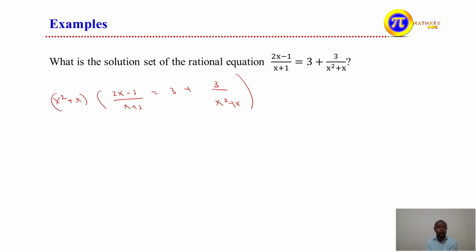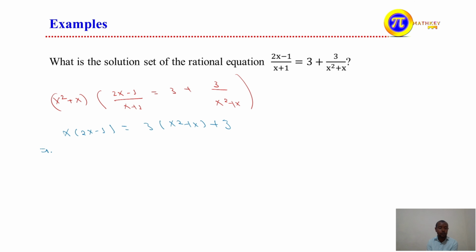When you multiply, x squared plus x is x times x plus 1, so we cancel x plus 1 by x plus 1. What remains is x into 2x minus 1 equals 3 times x squared plus x, plus 3 times x squared plus x over x squared plus x. We cancel the x squared plus x, and the remaining one is 3.